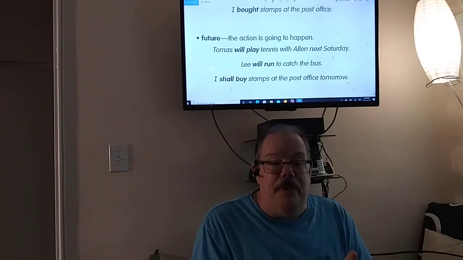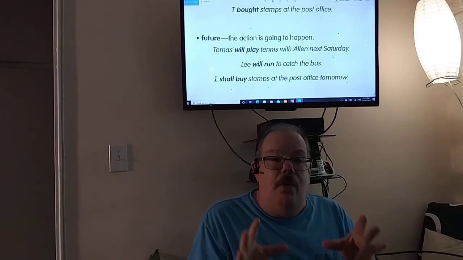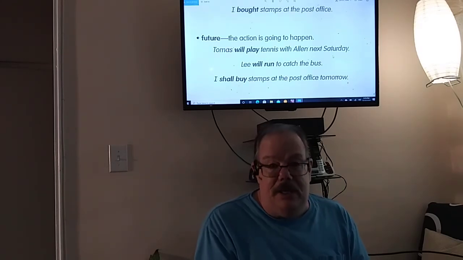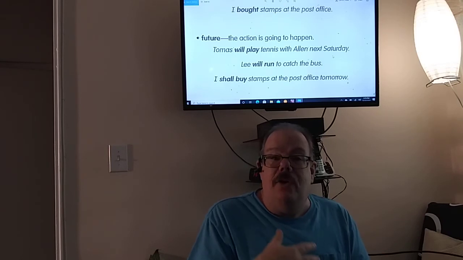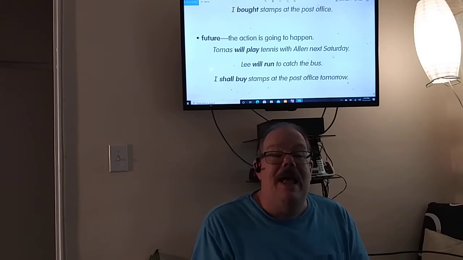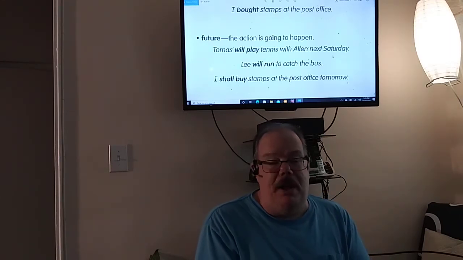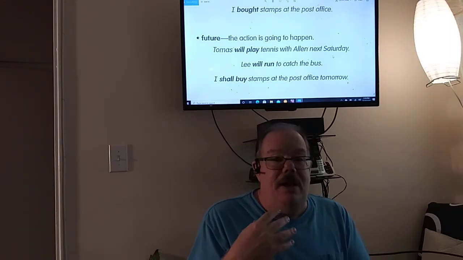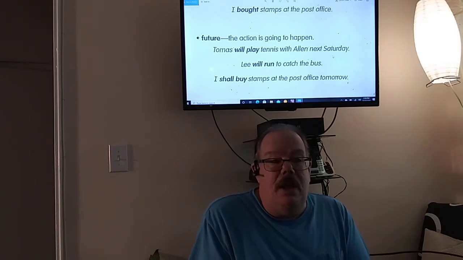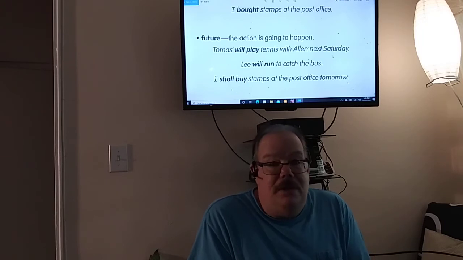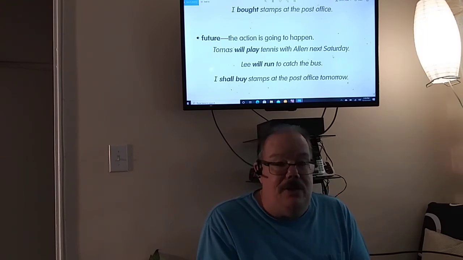This will help you to know which tense you should use. Now, if you do make a mistake and you don't use the correct tense, at least people will understand what you're talking about. Because if they don't understand what you're talking about, it doesn't matter if your tense is good or not. It doesn't really matter if they can't understand you.